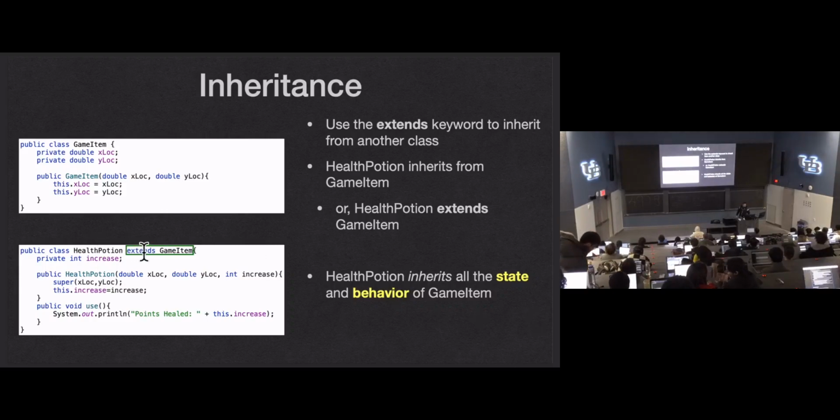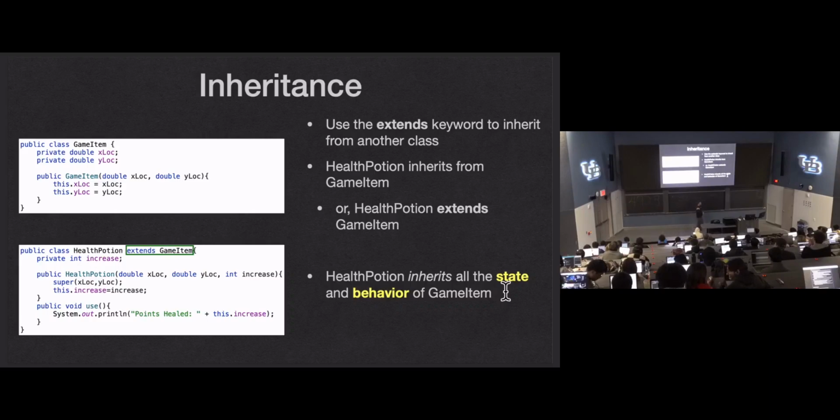So HealthPotion is going to extend GameItem, which means HealthPotion inherits GameItem, which means HealthPotion gets all of the state and behavior from the GameItem class. So anything defined in the GameItem class also exists in the HealthPotion class, even though that code is not explicitly written in the HealthPotion class.